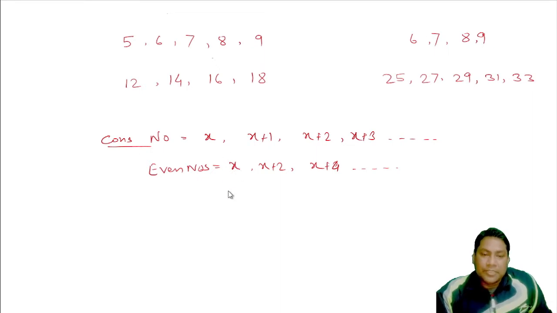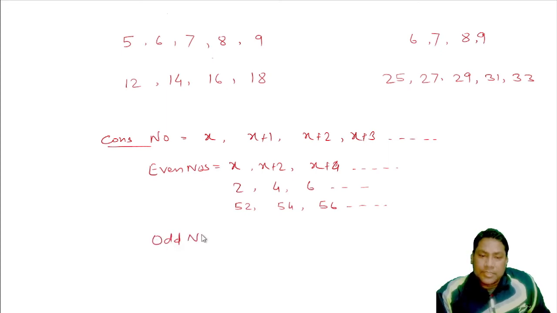If we put 2 here, it will become 2, 2 plus 2 is 4, 2 plus 4 is 6 and so on. If we put the value of x as 50, it will become 52, 54, 56 and so on.